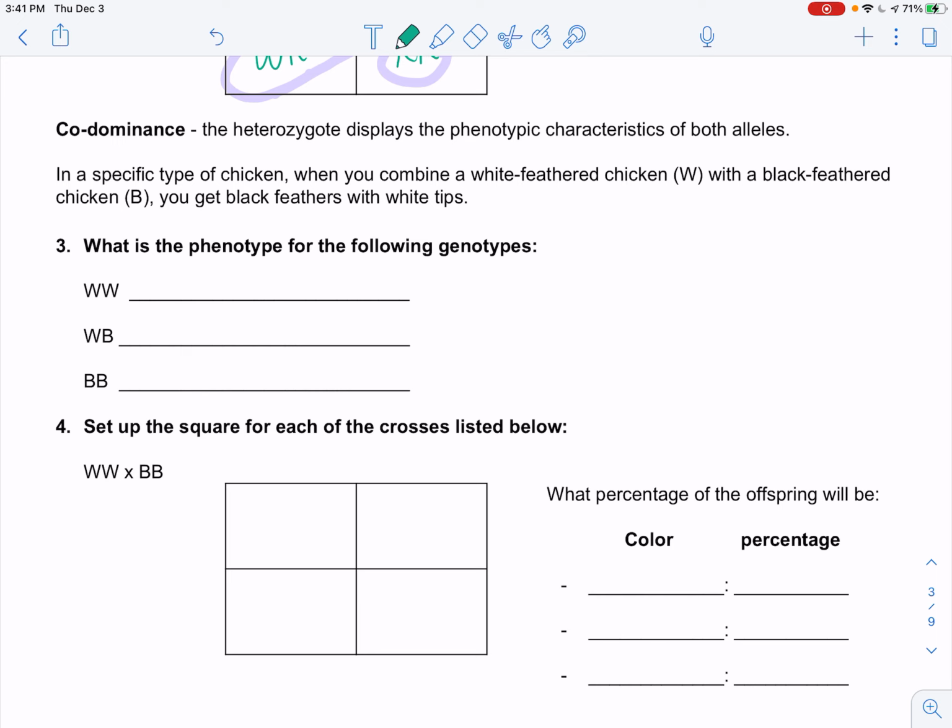So here, it says, what is the phenotype for the following genotypes? So big W. It says here, those are the white feathered chickens. So we have white feathers. Okay, and so the B's, just B's, are going to be the black feathers.